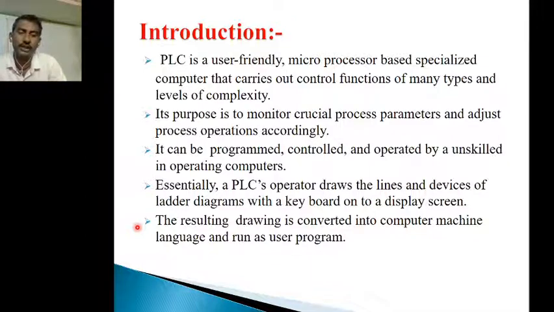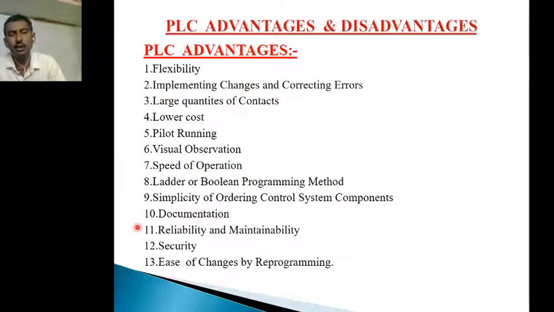The first one is flexibility, the second is implementing the changes and correcting the errors, the third is large quantities of contacts, the fourth is lower cost, the fifth is pilot running, the sixth is visual observation, the seventh is speed of operation, the eighth is ladder or Boolean programming method, the ninth is simplicity of ordering control system components, the 10th is documentation, the 11th is reliability and maintainability, the 12th is security, and the 13th is the ease of changes by reprogramming.